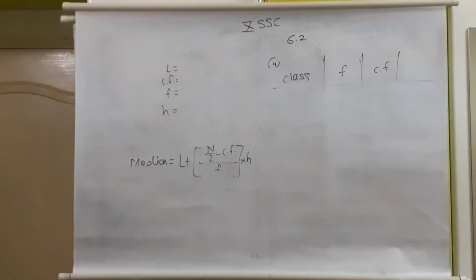What is given to us? The production of electric bulbs in different factories is shown in the following table. Find the median of the productions.